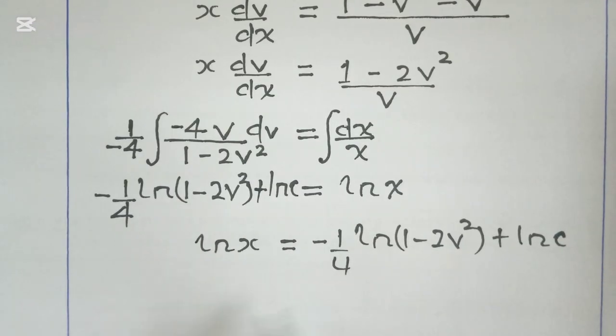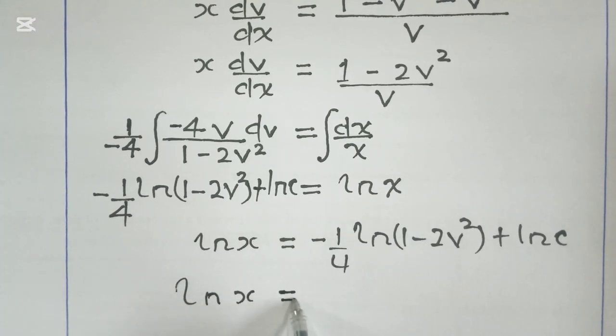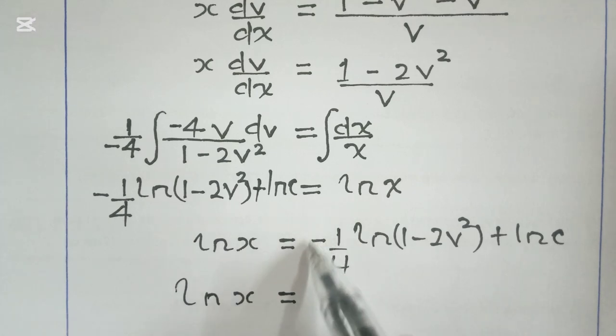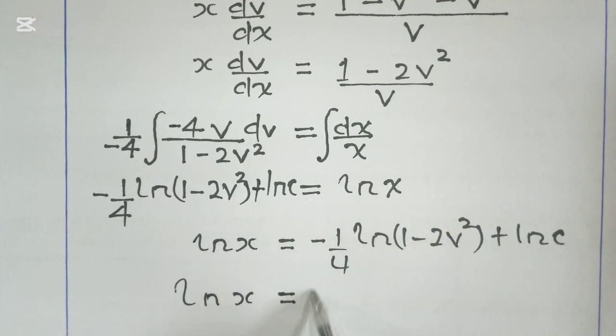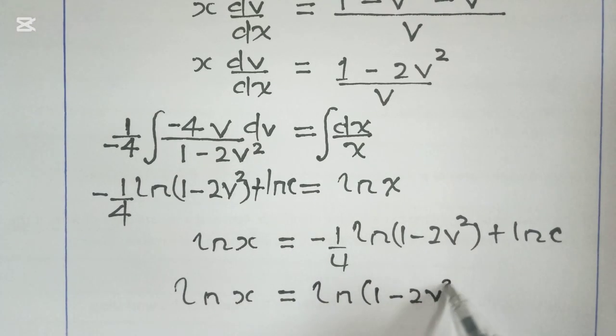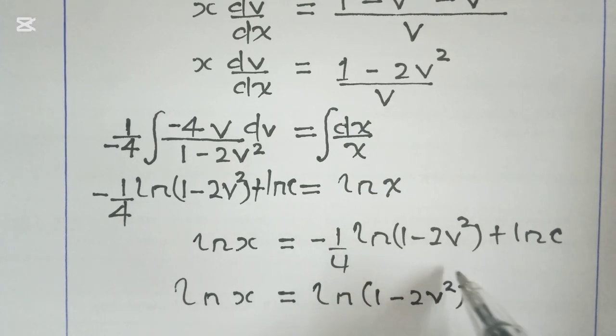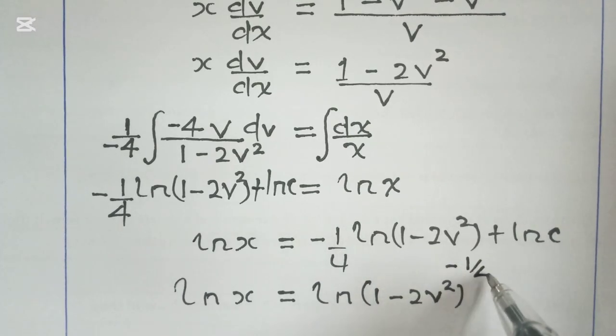From there I can put natural log of x equals, I can remove this sign here and put it over there, so that we shall have natural log of 1 minus 2v squared raised to a negative quarter.